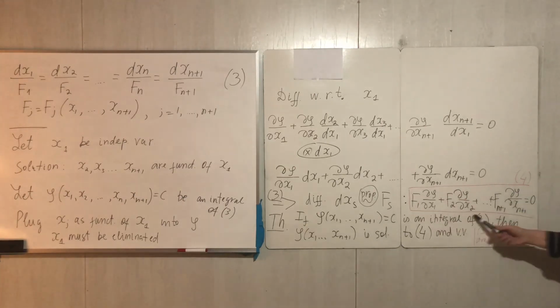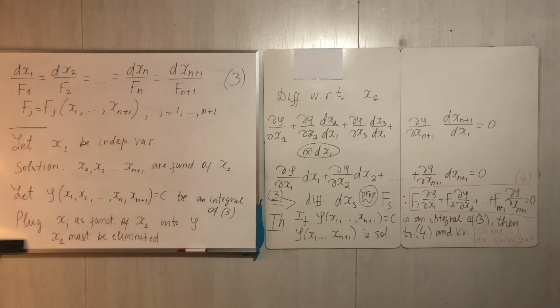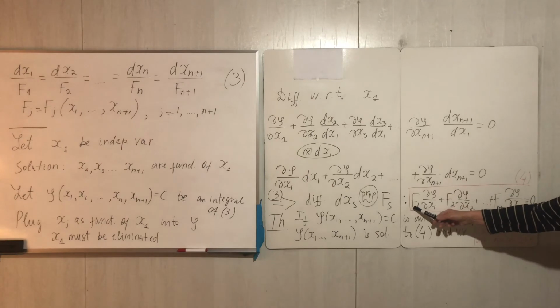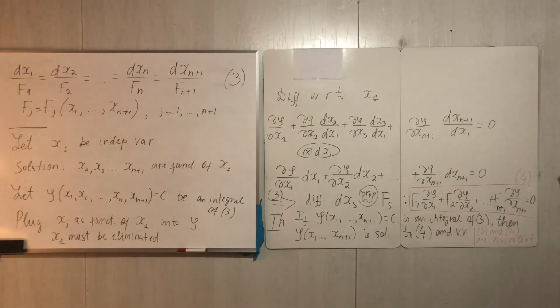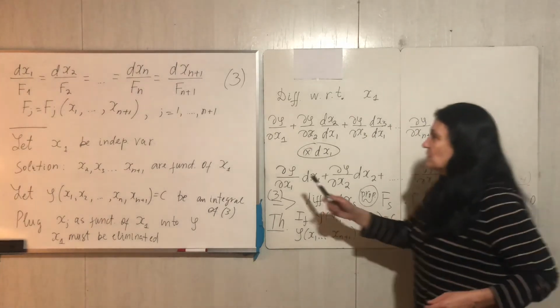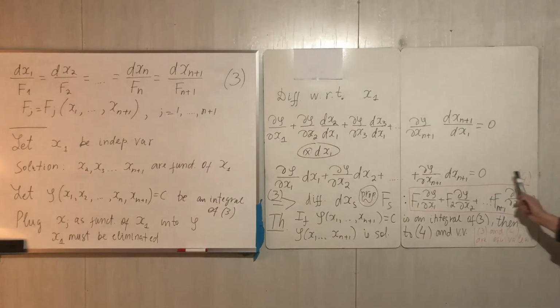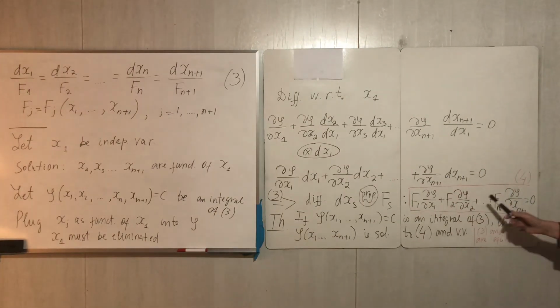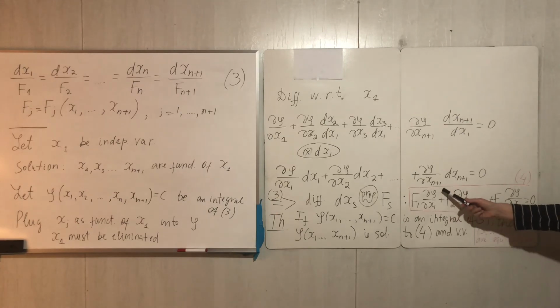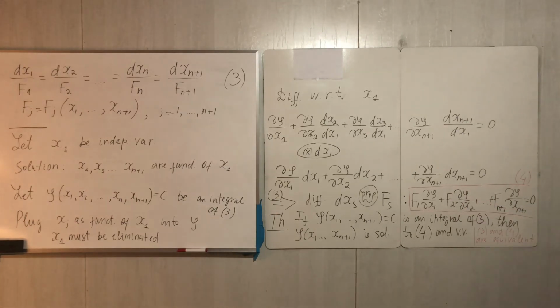We have an equation with partial derivatives of the first order. Here F1, F2, Fn+1, we can think of them as coefficients of these derivatives, and we know that coefficients are functions, and we can think of this equation as an equation for the unknown function phi.